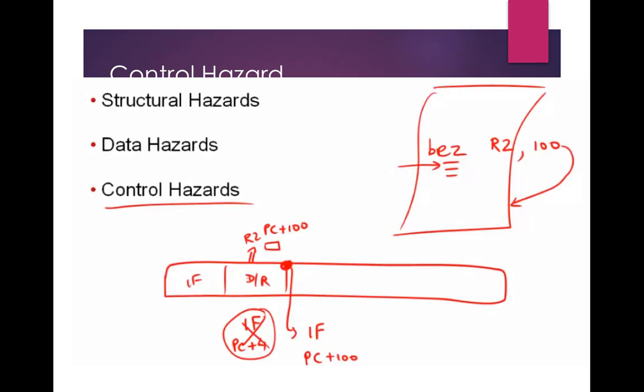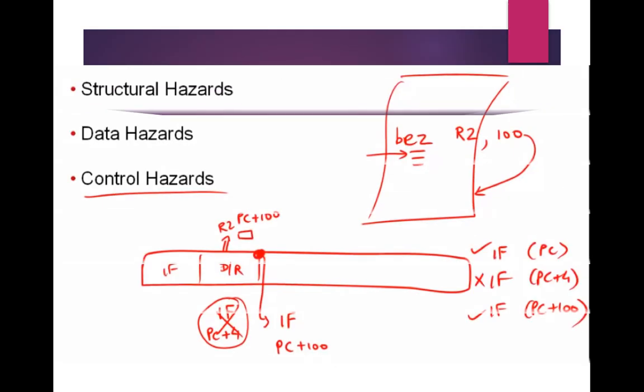So we should not execute the fetched instruction. What we have to do is discard that result: the program counter value incremented by 4 must be replaced by the value incremented by 100, as it is a branch instruction.